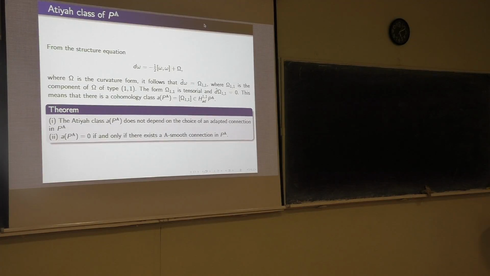So we can define a cohomology class, and this class doesn't depend on the choice of the adapted connection in a principal bundle, and it turns to 0 when and only when there exists an A-smooth connection.